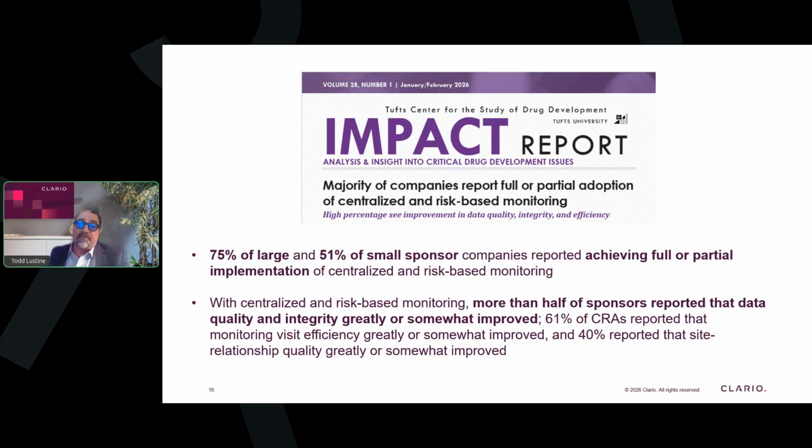More than half found data integrity and quality to have at least been somewhat improved as a result. And reassuringly, this is not at the expense of, but instead reports significantly improved efficiency of their monitoring visits. And in fact, site relationships have improved in terms of quality.